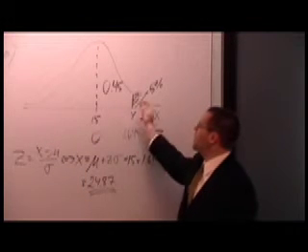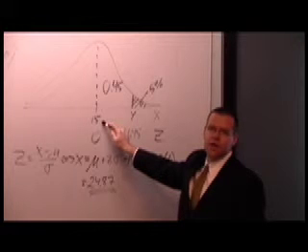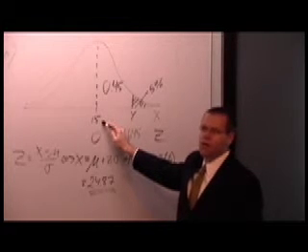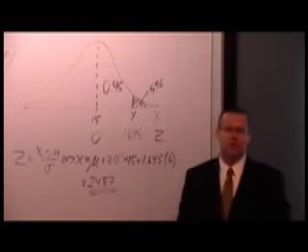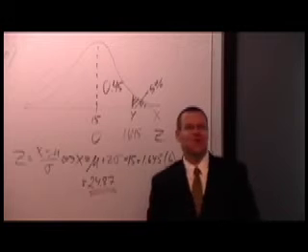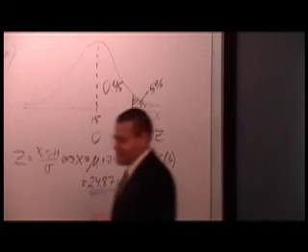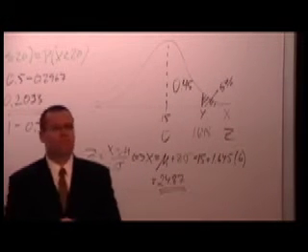So I've seen people take 0.45 minus 15, for instance, and that's worse than wrong. That actually indicates a fundamental non-understanding. So that's bad. Any questions on what we've just done?